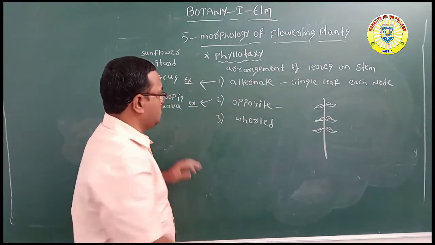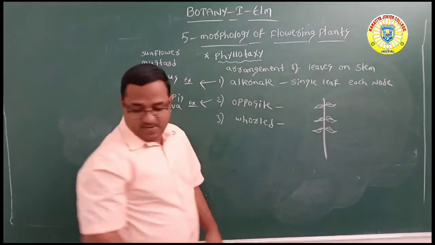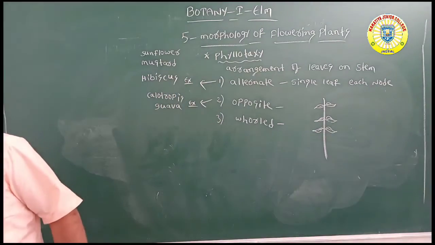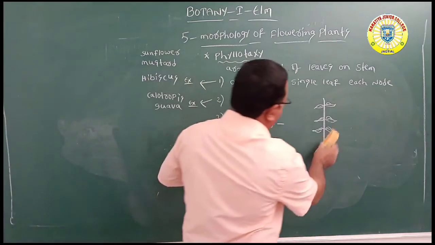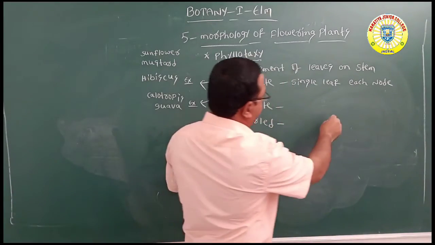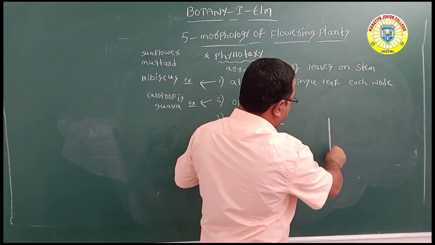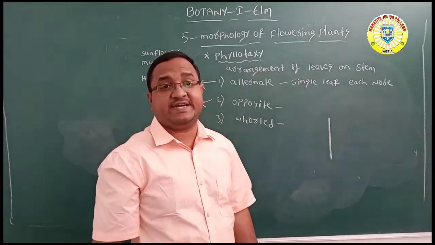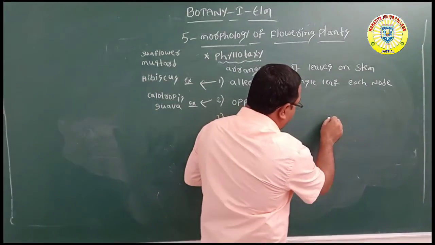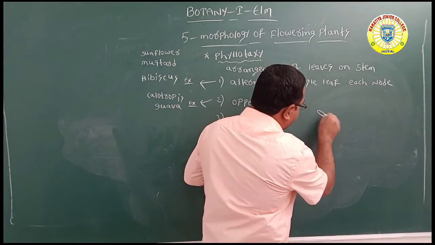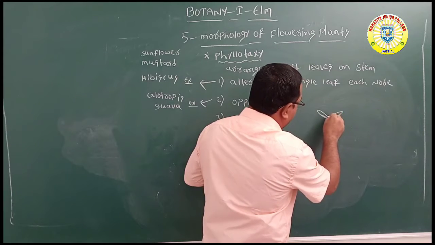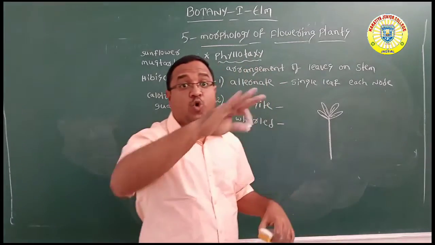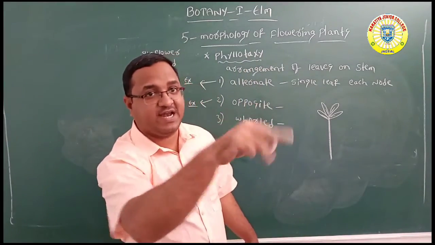That is opposite phyllotaxy. Now, what is whorled phyllotaxy? Whorled phyllotaxy means more than two leaves are present at each node, and they form a whorl, a circle.